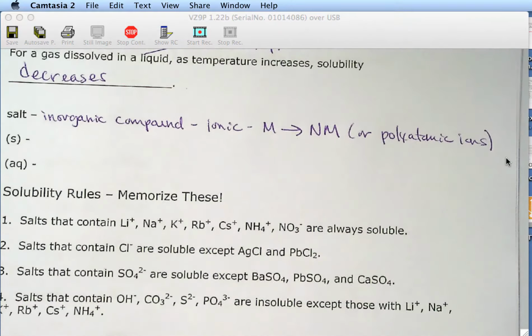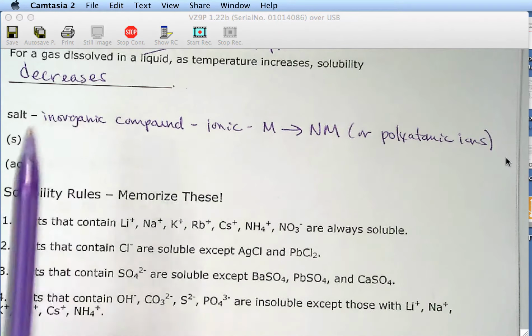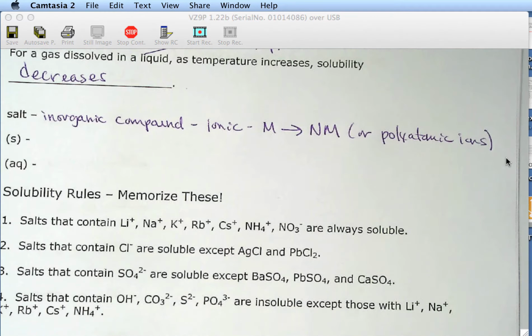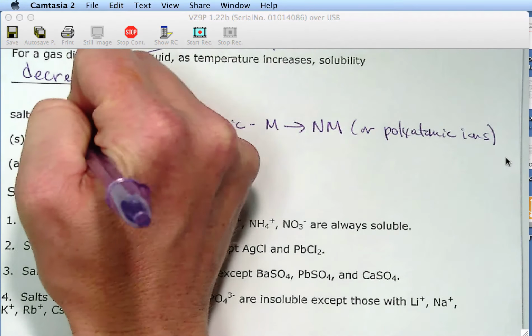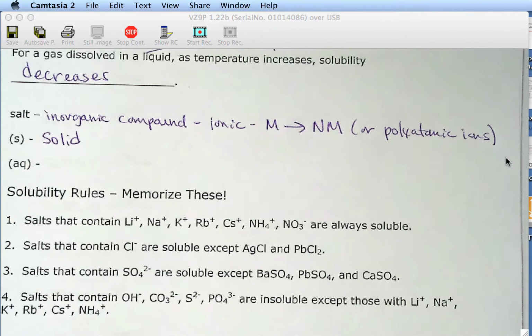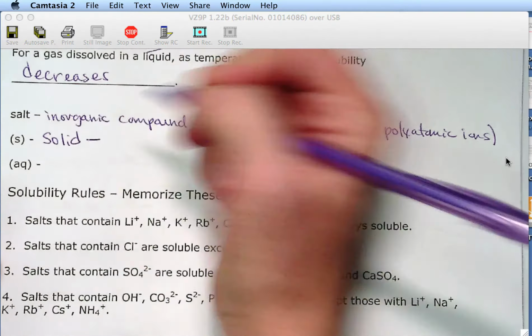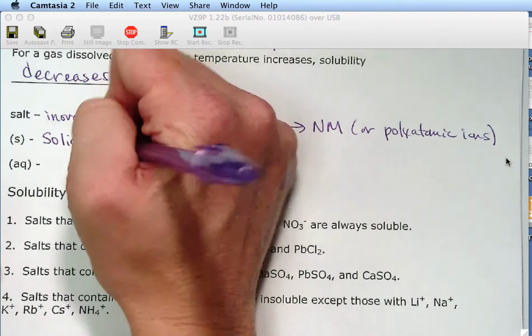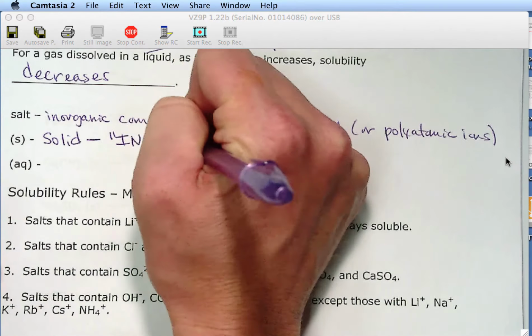All right. Now, this S in parentheses, we saw this in lab. This stands for solid. And in terms of your solubility rules, you have to be very careful because solid means insoluble.